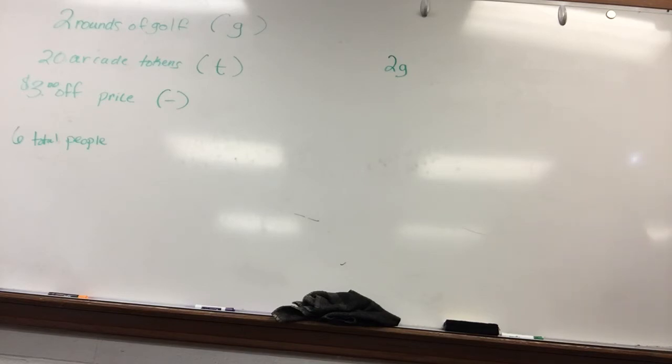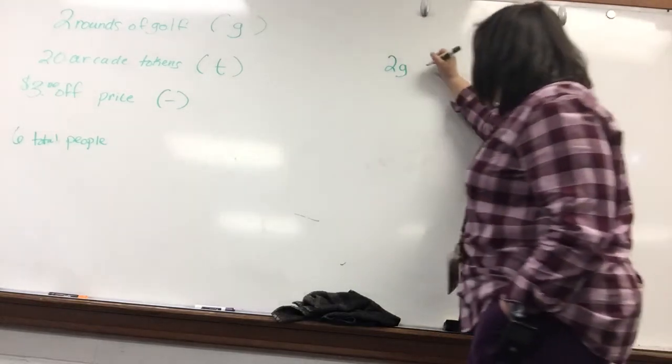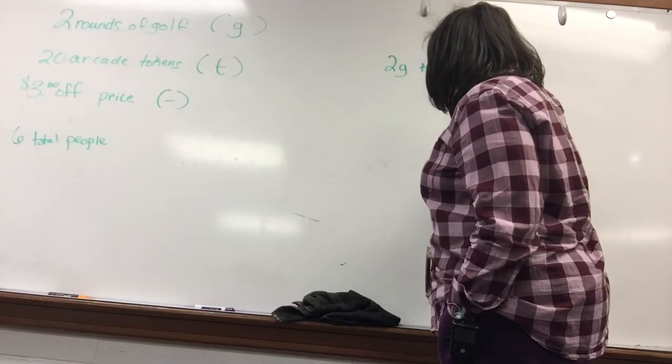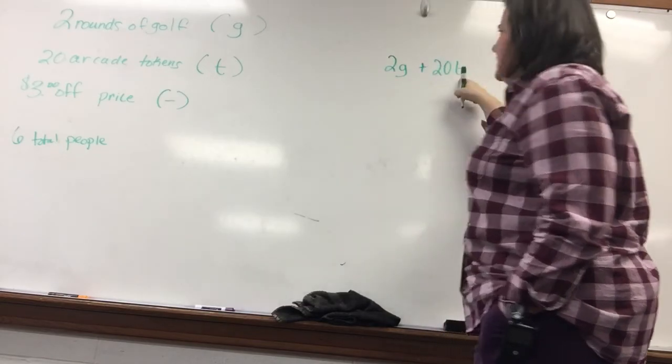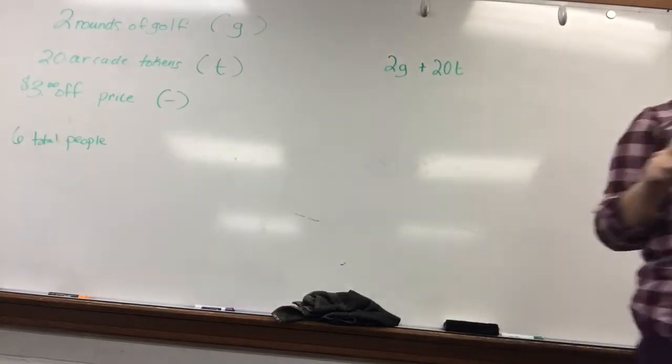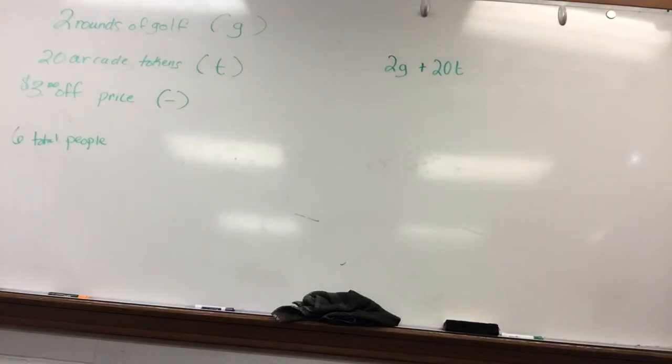Well, why are you subtracting? Because we're trying to find the total price right now. I agree with your 20t, but what operation should you use? Addition. So we're adding 20t, because t is the price of a token, we're getting 20. Okay? What's our next thing we're going to do?